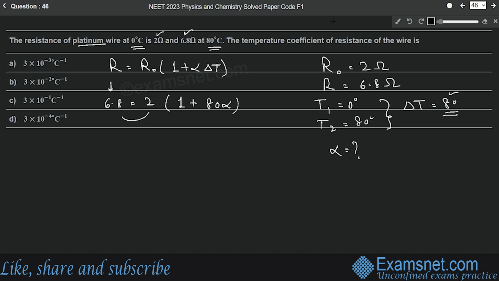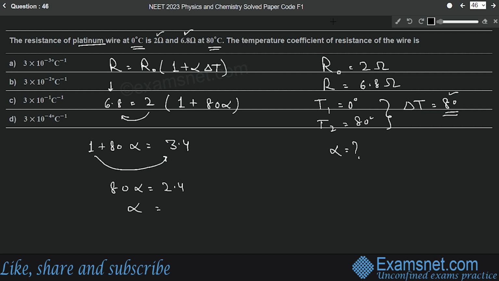Now if we bring 2 to this side, it will divide 6.8, so it will become 3.4. So we can write that 1 plus 80 alpha equals 3.4. Now again if we bring 1 to this side, it will be 3.4 minus 1, that is 2.4. So 80 alpha equals 2.4.